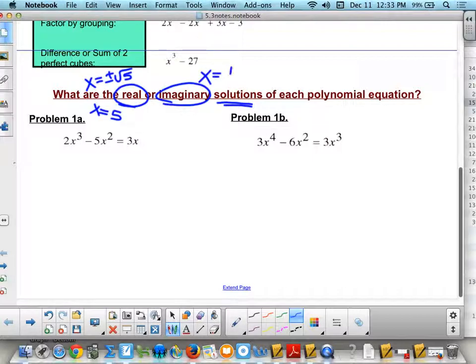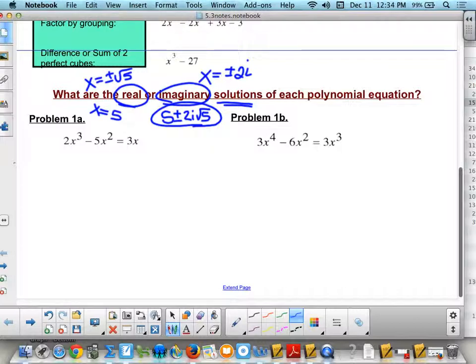X equals plus or minus 2i. Or remember these answers? 5 plus or minus 2i square root of 5. They can get kind of ugly, but they are your answers. So you're going to get answers that look like this, real or imaginary answers.